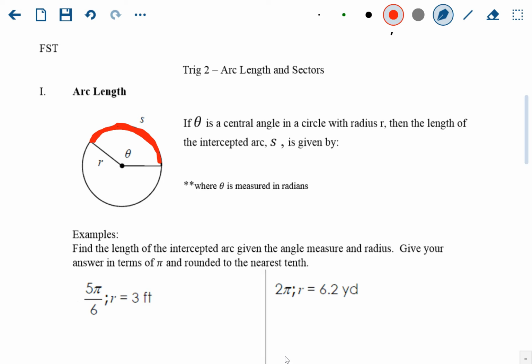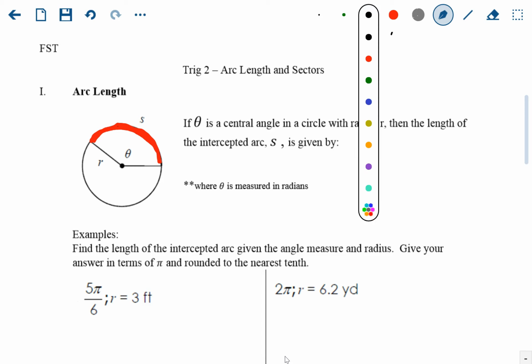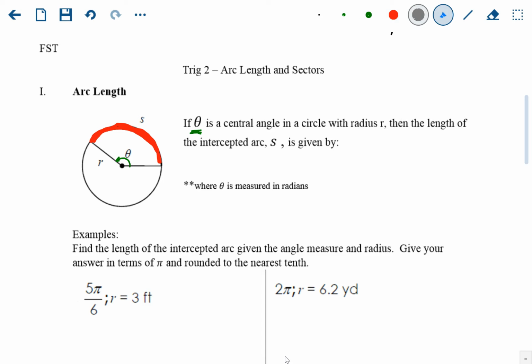All right, so if you have a central angle theta, remember theta is always used for angles. So theta is this angle here. If you have a central angle theta with a radius of r, okay, again, radius is the distance from the center. So that's r, and this is also r. Okay.